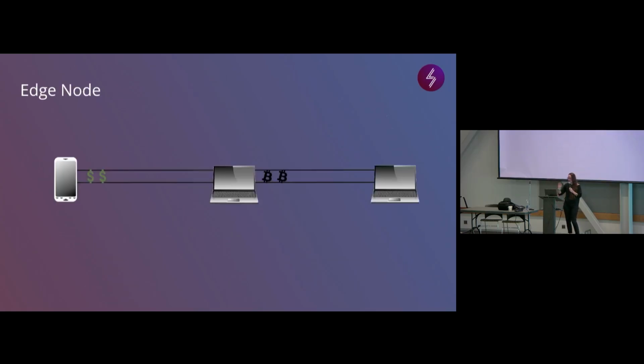So, we'll first introduce this concept of an edge node, a node that might facilitate some exchange on the Lightning network. We can imagine that we have Alice, Bob, and Charlie.